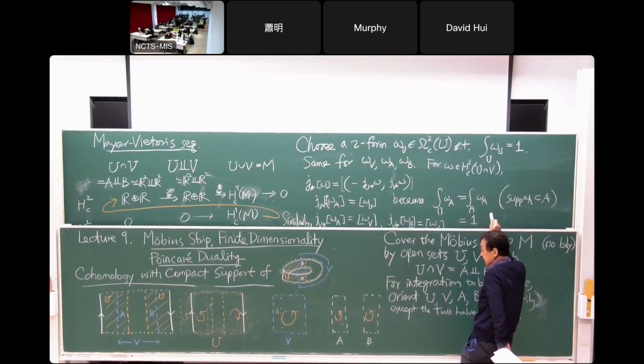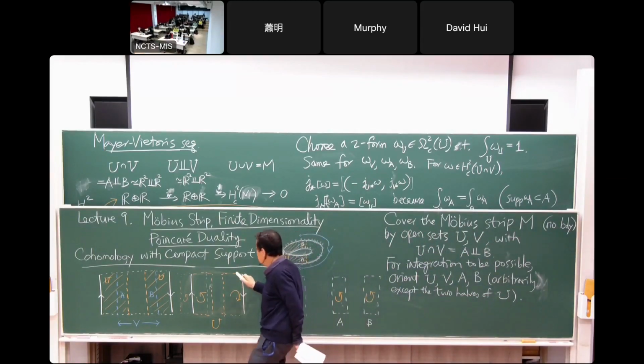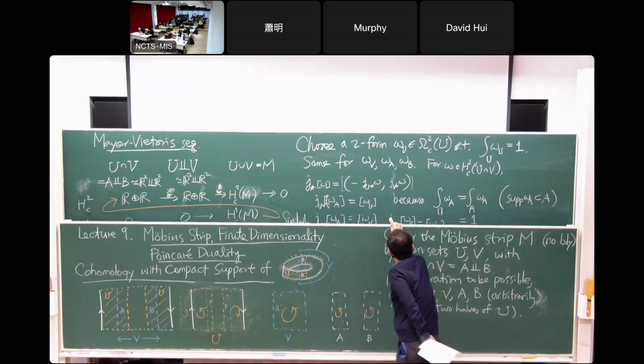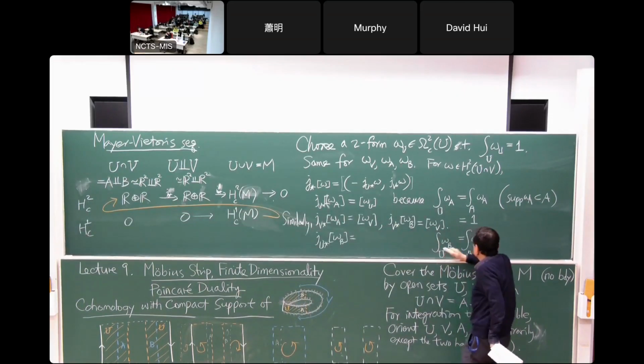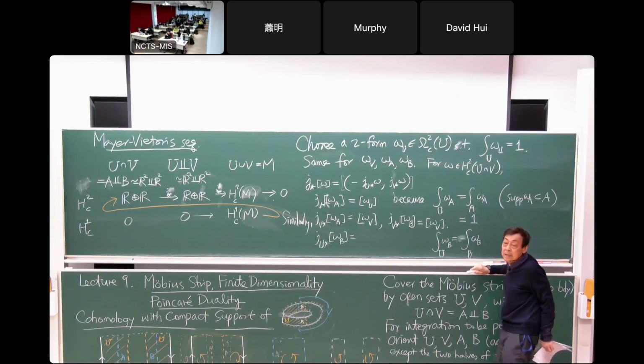Well, B is included here, but B is oriented counterclockwise, and this part of U is oriented clockwise. So they have opposite orientation, and therefore there is a minus sign, because U and B have opposite orientations.